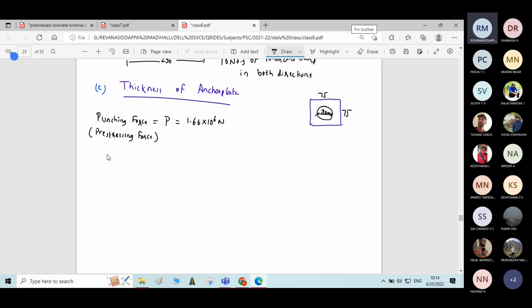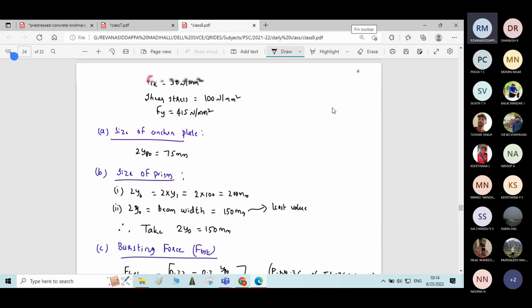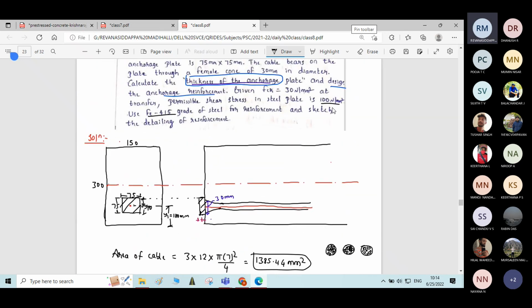Now we got the punching force. Whatever thickness of the plate we give, it has to resist the shear stress which is acting on it. The shear stress capacity of the plate is given.